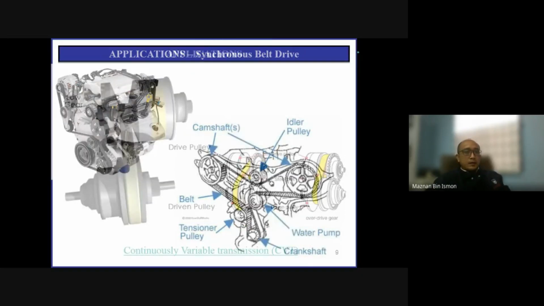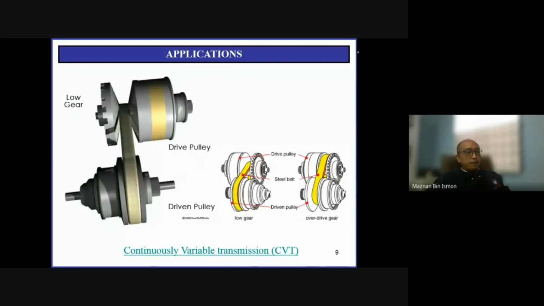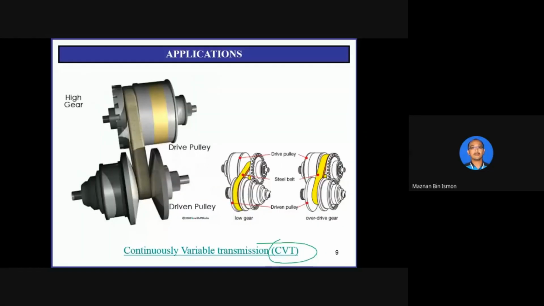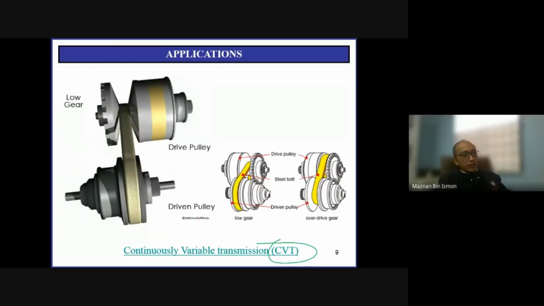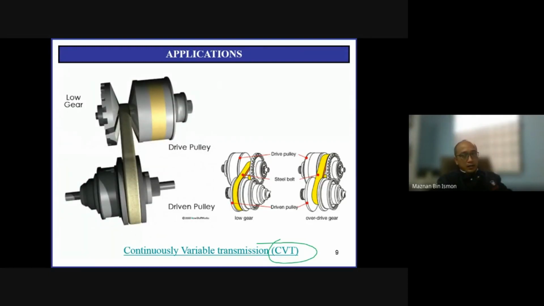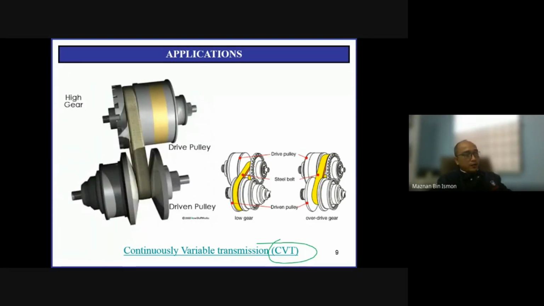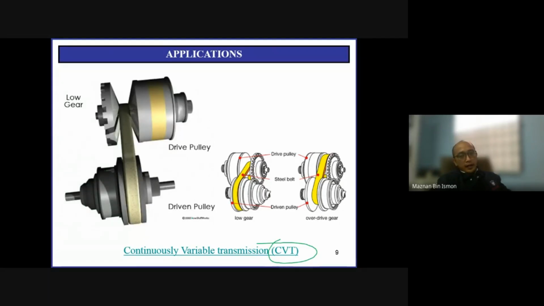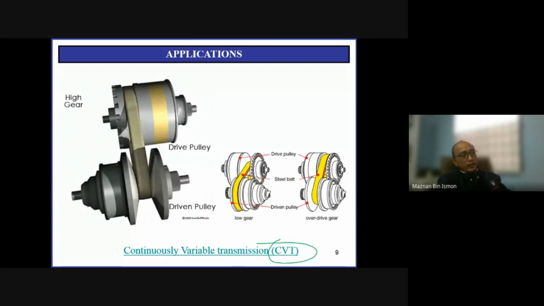Right. This is the application of continuous variable transmission, CVT kan. Yang menunjukkan berkenaan dengan continuous variable transmission ni. Kalau you alert dekat kereta sekarang nowadays, banyak yang CVT, where when we drive, it's automatic cars.